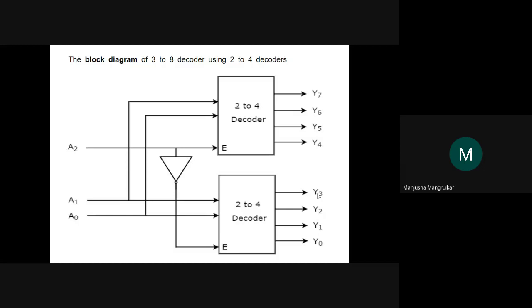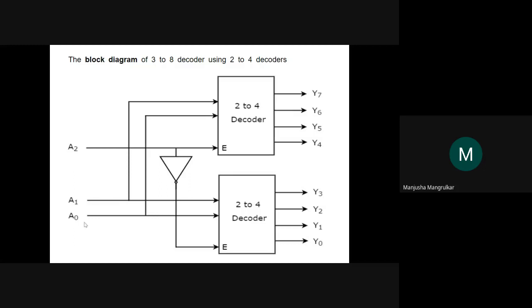Now the next are 4 onward: 4 is 100, 5 is 101, 6 is 110, and 7 is 111. If A2 is 1, then this gets 0, so this decoder will be deactivated and this decoder will be activated.